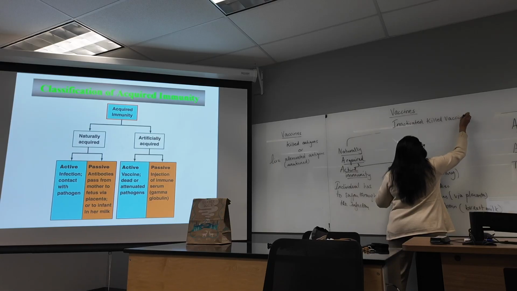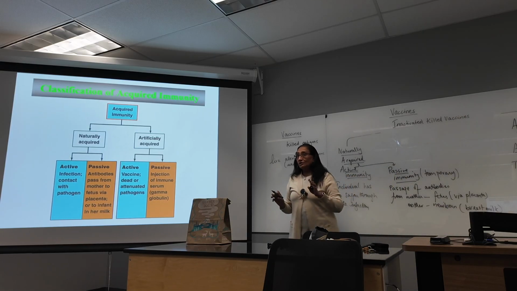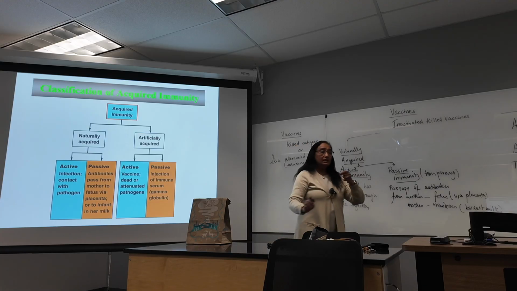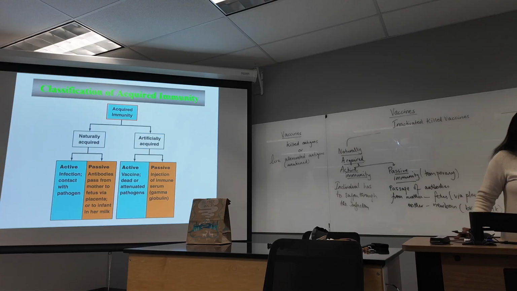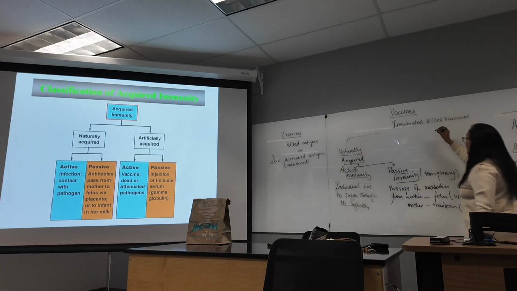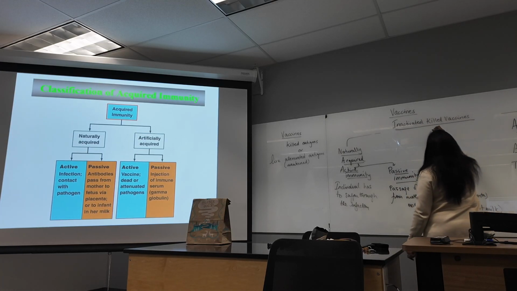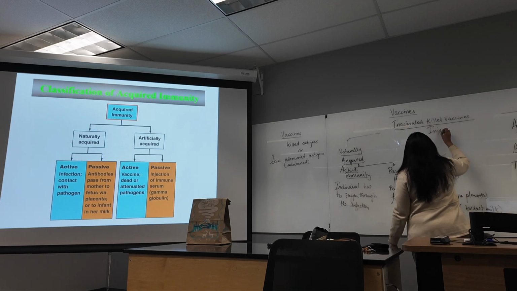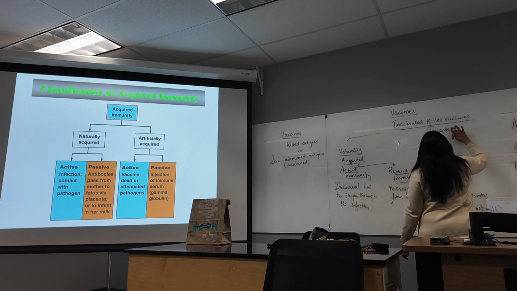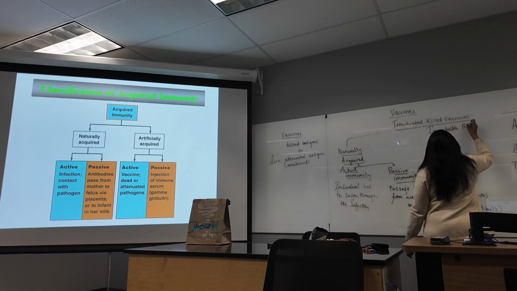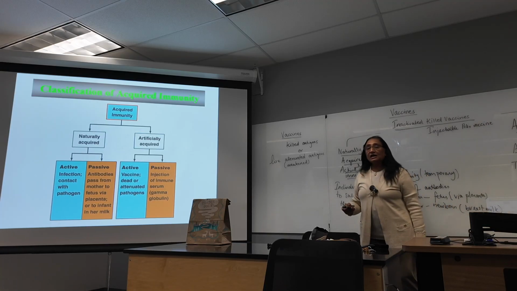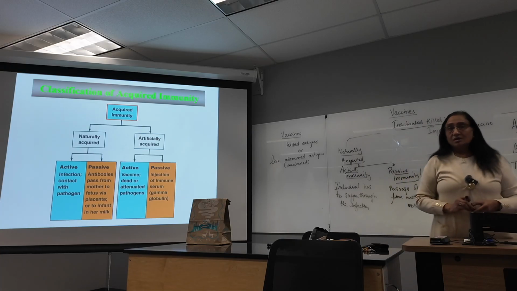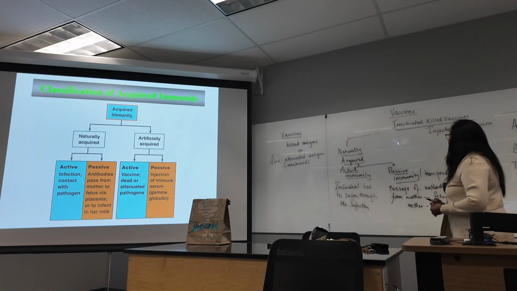Here the pathogen is completely killed, but even the killed pathogen is adequate to cause your immune system to produce a response. An example of this is the injectable polio vaccine, which is still in use, especially in the US. Injectable polio vaccine, IPV, is a killed vaccine.